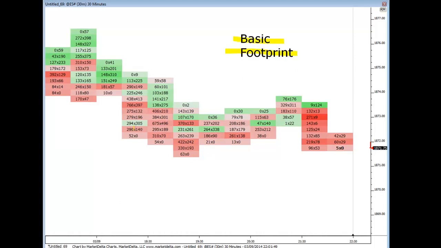Instead of looking at a candlestick, I'm looking at a rectangle with shaded colors in the background and numbers on it. These numbers are details for that period of time, and each of these rectangles, or bars if you will, happens to be a 30-minute period for the ES Mini.